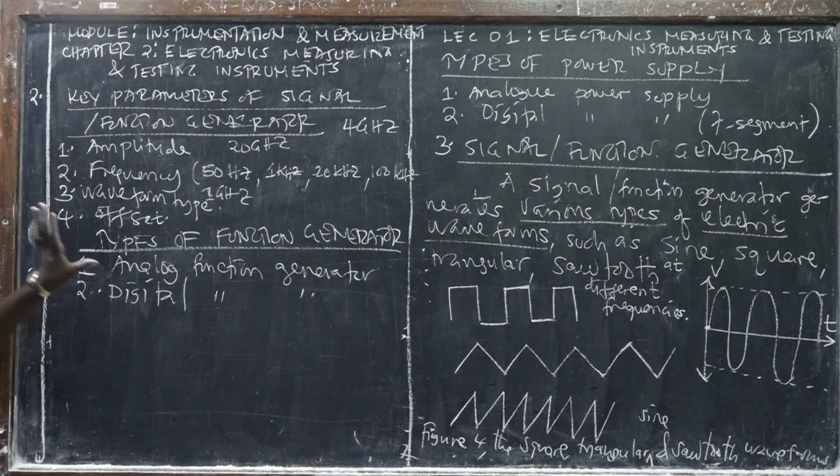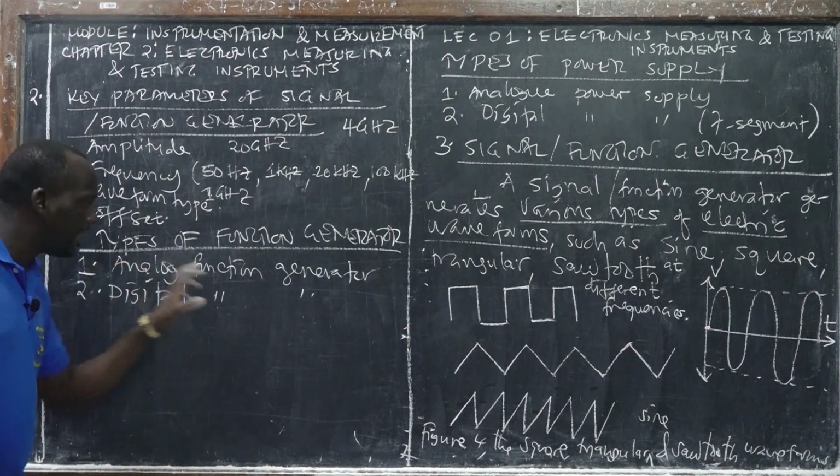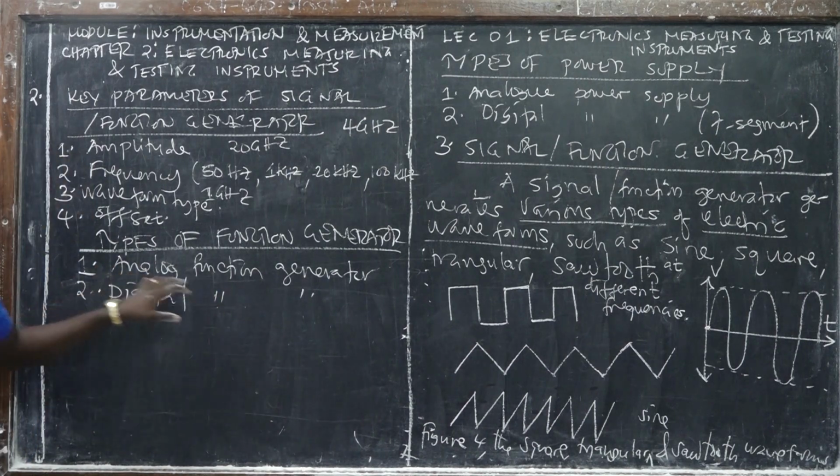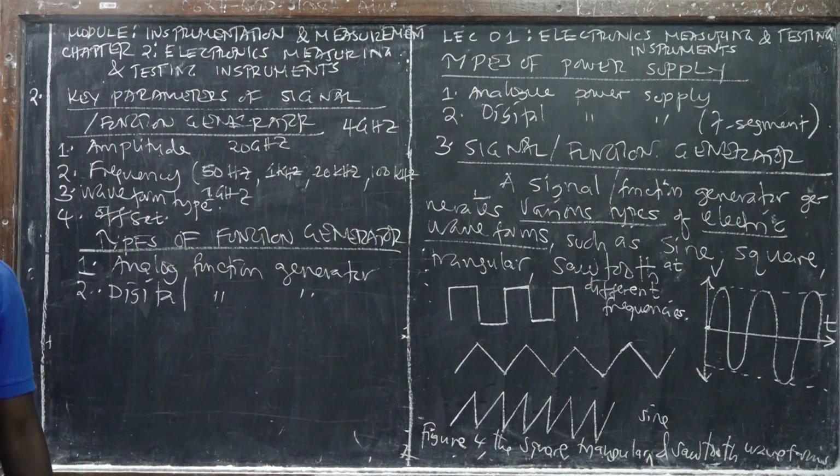Listen. The analog function generator does not have a scale and needle. It just has a normal interface. So to visualize the waveform of an analog function generator, you have to use an oscilloscope. Let me repeat.